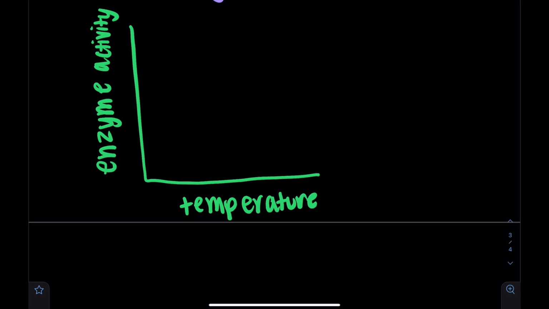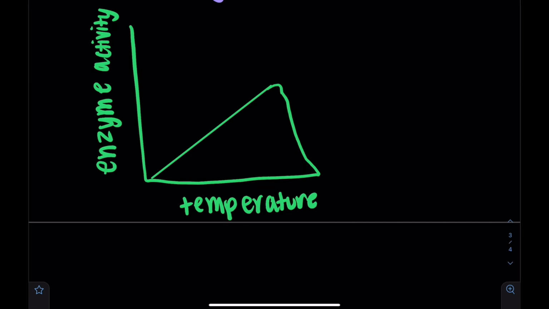Okay, so as our temperature increases, we're going to see that enzyme activity also increases. However, it'll end up hitting a certain point, and once it hits that particular point, the enzyme activity is gonna fall dramatically.